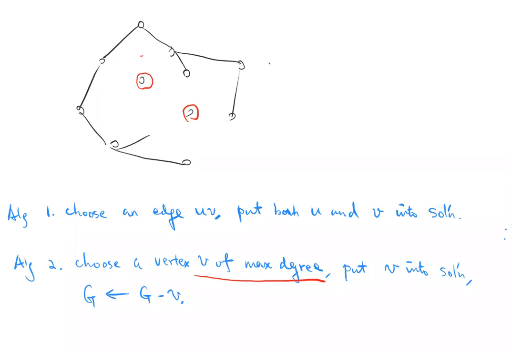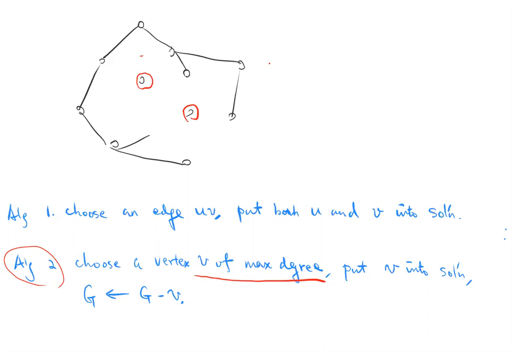Again, what do we mean by small? How do we measure the quality? Intuitively, I guess everyone agrees 2 is better, right? Does anyone disagree that 2 is better than 1? In practice, 2 is much better than 1. But in theory, in the worst case, actually 1 is better.